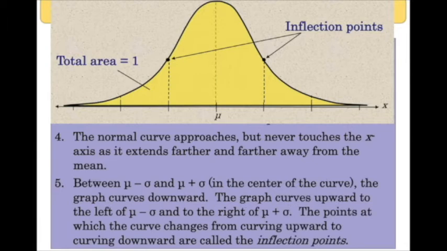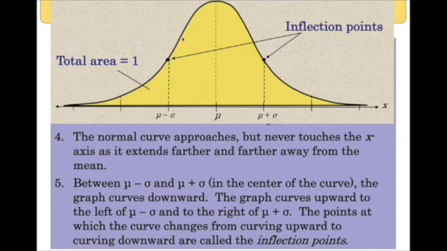Okay, the fifth one, now this is rather long. Please don't be confused. Let me display the axis. Number 5, between mu minus sigma and mu plus sigma, remember mu is the mean, sigma is the standard deviation, the curve opens downward, or concave down.